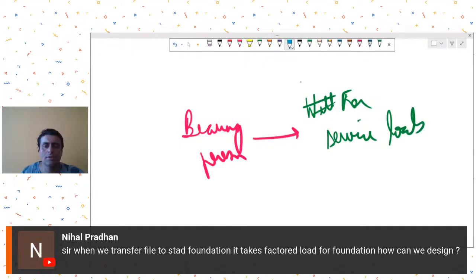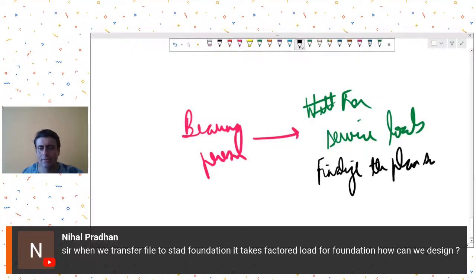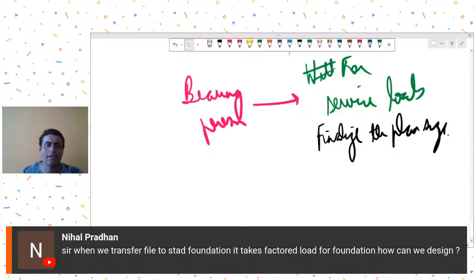Once you do this, you will use it to finalize the plan size of your footing. Once you finalize the plan size, the second step will be to find out the thickness of the footing.